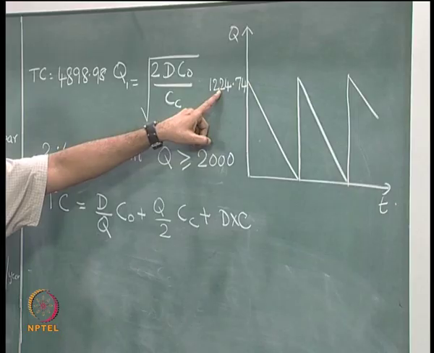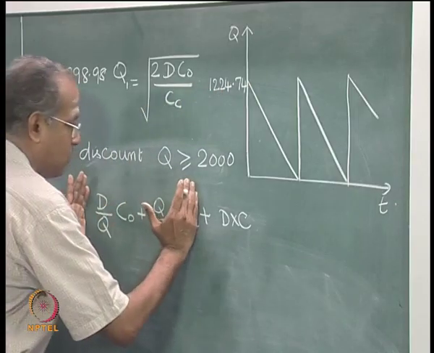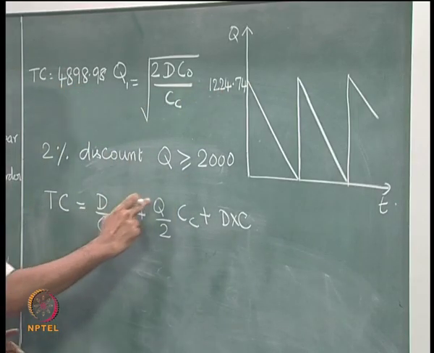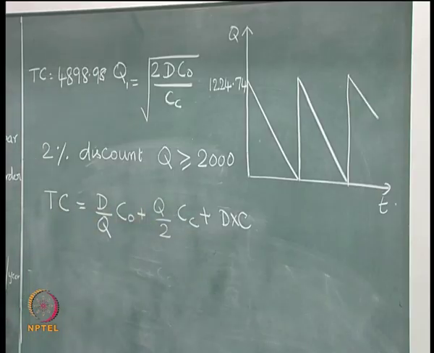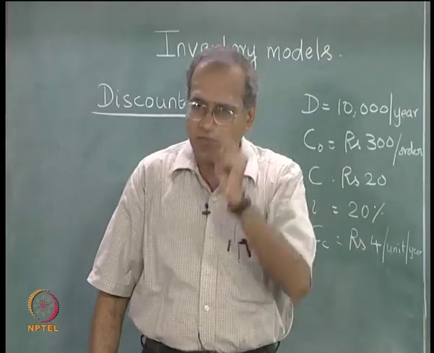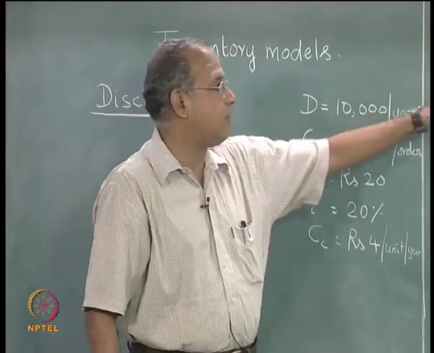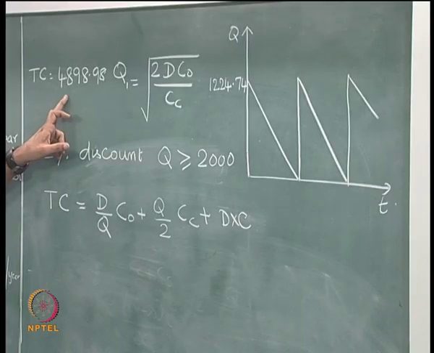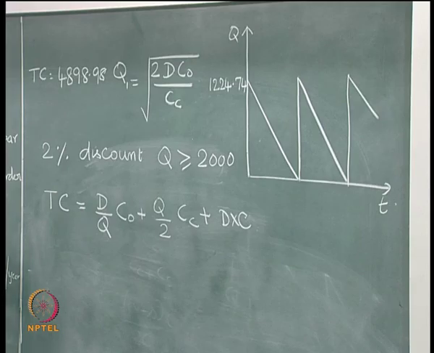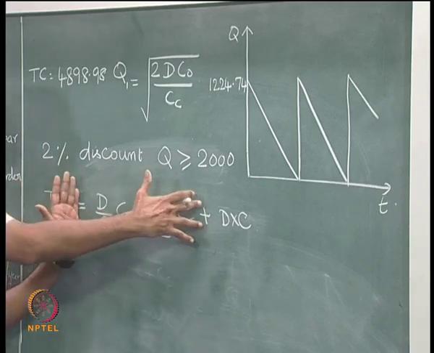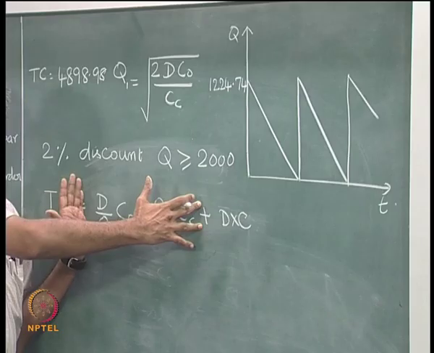1224.74, the sum of these two, D by Q into C naught plus Q by 2 into CC, which represents the total cost of ordering and holding, will definitely be more than the 4898.98, because we have derived 1224.74 as the optimum value where this total function is minimum.